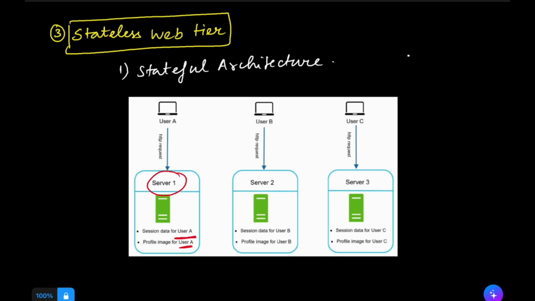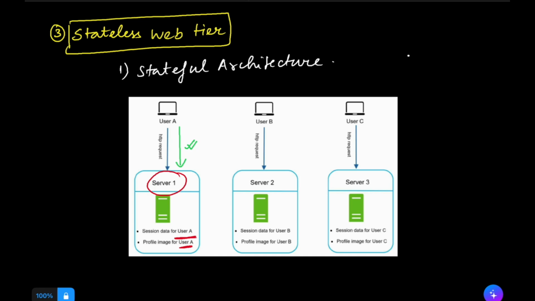So whenever user A tries to log in to a particular service or website, the HTTP request is redirected to server 1 to authenticate that user. If the request for user A goes to server 1, then he or she is authenticated and can access the website.